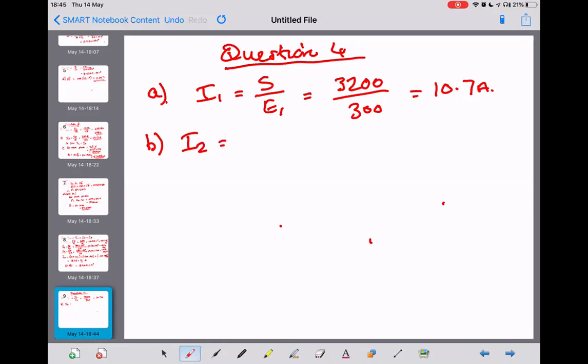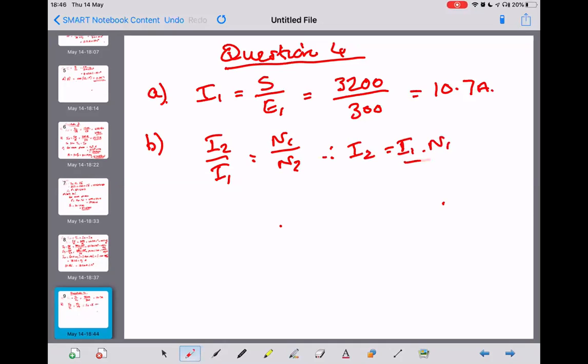So when you rearrange that, I2 is then equal to I1 times N1 over N2.